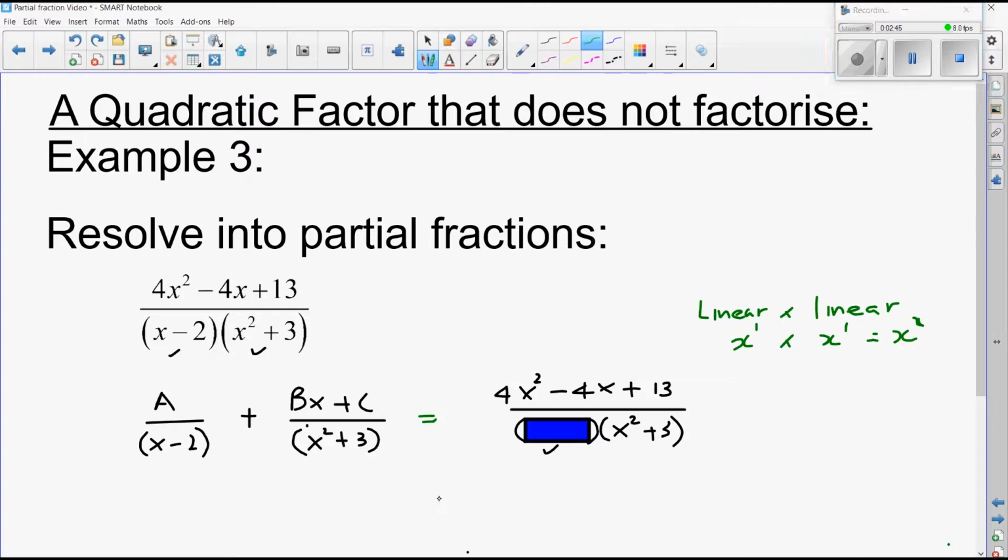Right, so I'm going to do the substitution in another color. I'm substituting x equals 2 because my factor is x minus 2, and I've covered up the factor x minus 2. So I have 4 times 2 squared minus 4 times 2 plus 13 all over 2 squared plus 3.